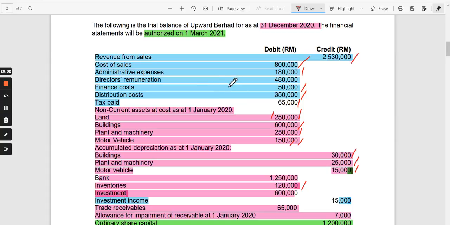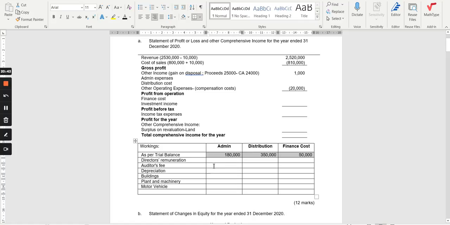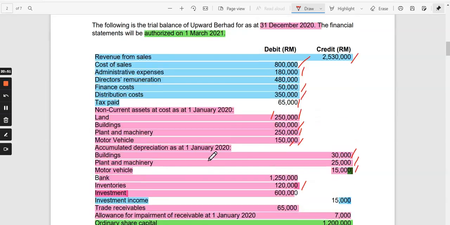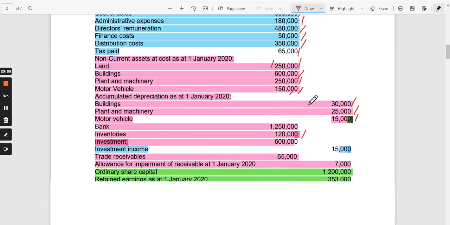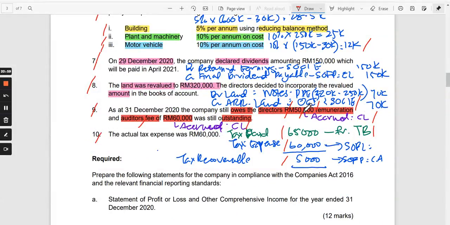Check here that you also have directors remuneration apart from just having the accrued directors remuneration that we have discussed much earlier. Now what we need to do is find out what is the actual directors remuneration. So 530,000 is actually 480, this one, plus your directors remuneration here.